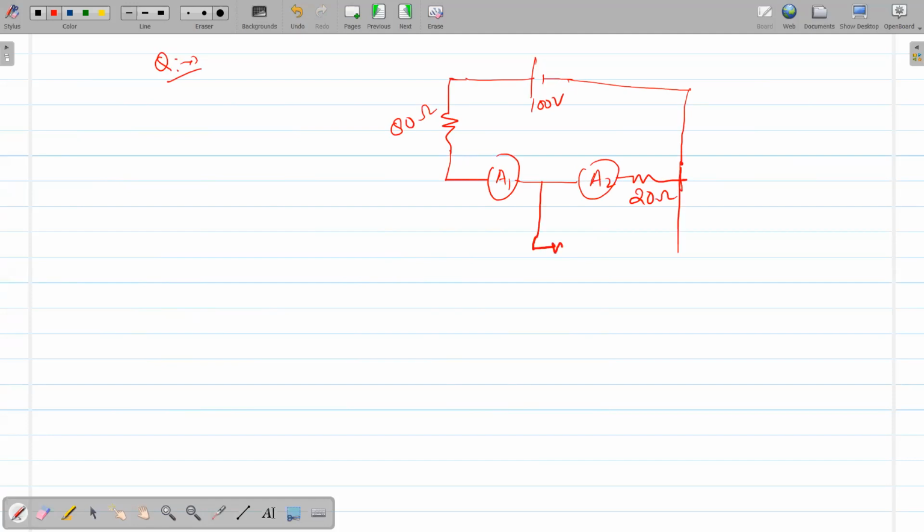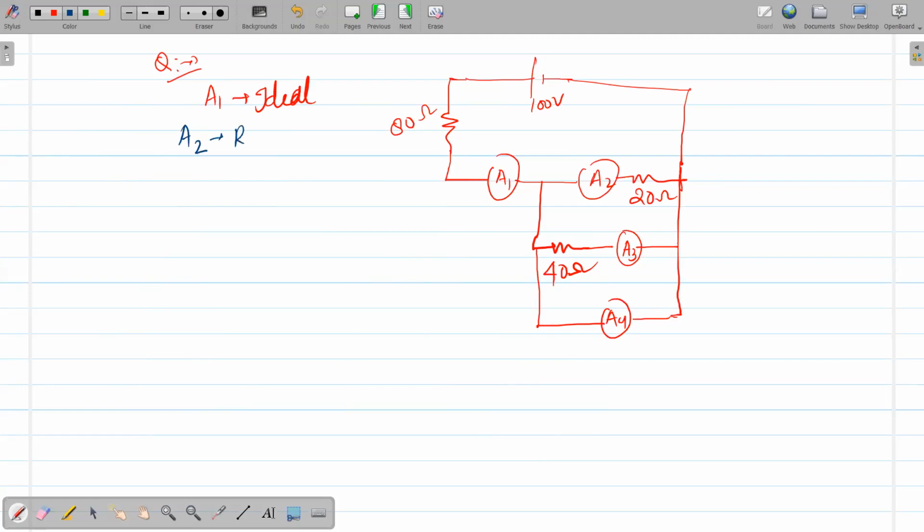Further, let's say this is 40 ohm, and this is, let's say, A3, and this is, let's say, A4. So 4 ammeters are given. And let me tell you, A1 ammeter is ideal, that is given in the problem.